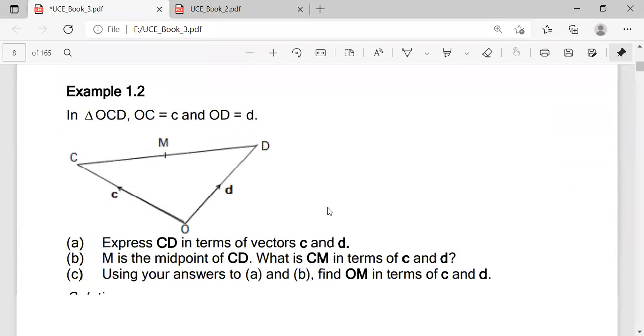Example 2. So you draw for me that diagram. You are drawing the diagram.